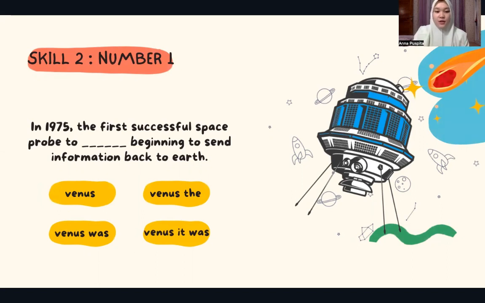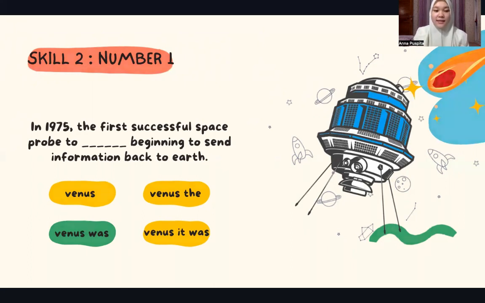The correct answer is C, Venus was. Why do we use was in this sentence? Because beginning as a verb cannot stand alone without to be. So Venus was beginning is subject and verb.